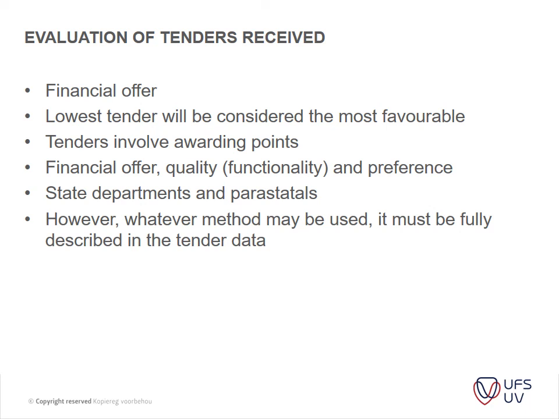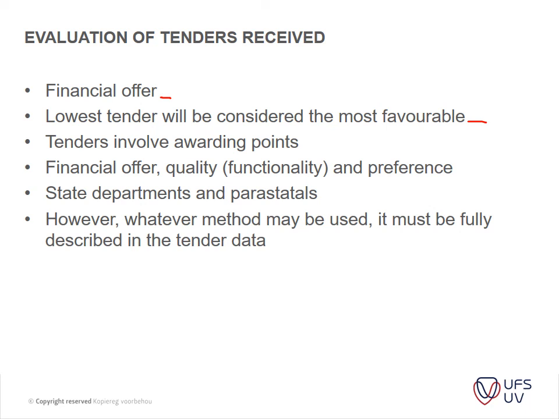Okay, so now you've evaluated the tenders, then you propose who the contractor should be to your client, and then the client actually contacts the winning contractor, and makes sure whether he's happy with his final offer. So he gives a financial offer. The lowest tender will be considered for the most favorable.